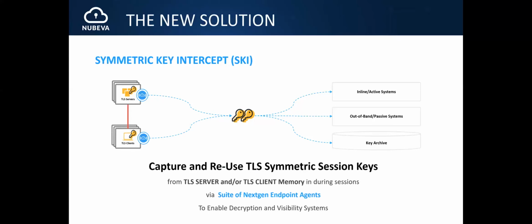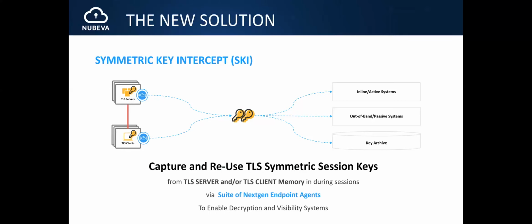So it can grab those keys and help you distribute them to either inline systems like a next generation firewall or an IPS, or to passive systems like an IDS system or an application monitoring system, or ultimately even send them off into a key archive, a secure escrow of sorts that allows you to match session keys with stored PCAPs for forensic analysis or lawful intercept downstream and after the fact.